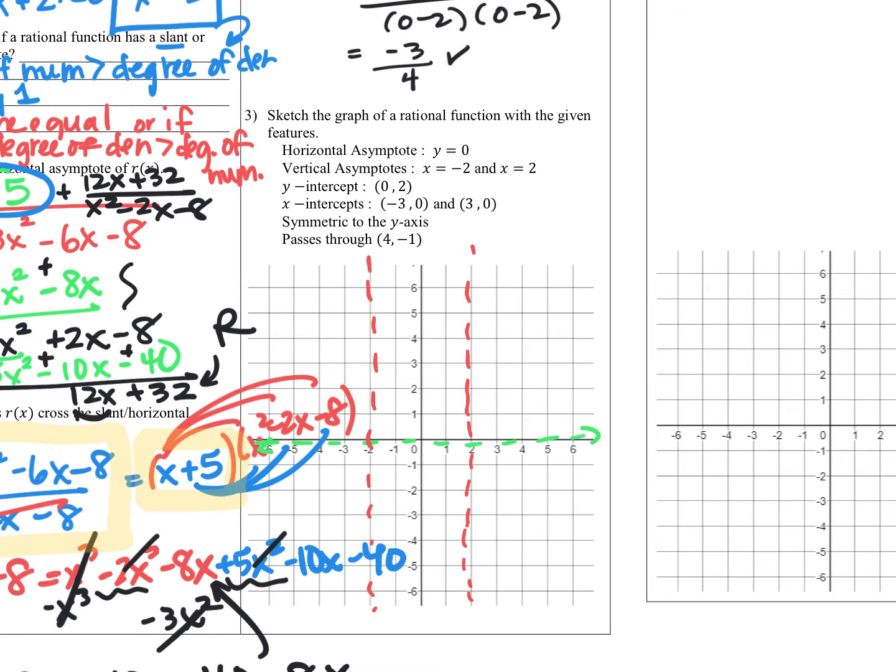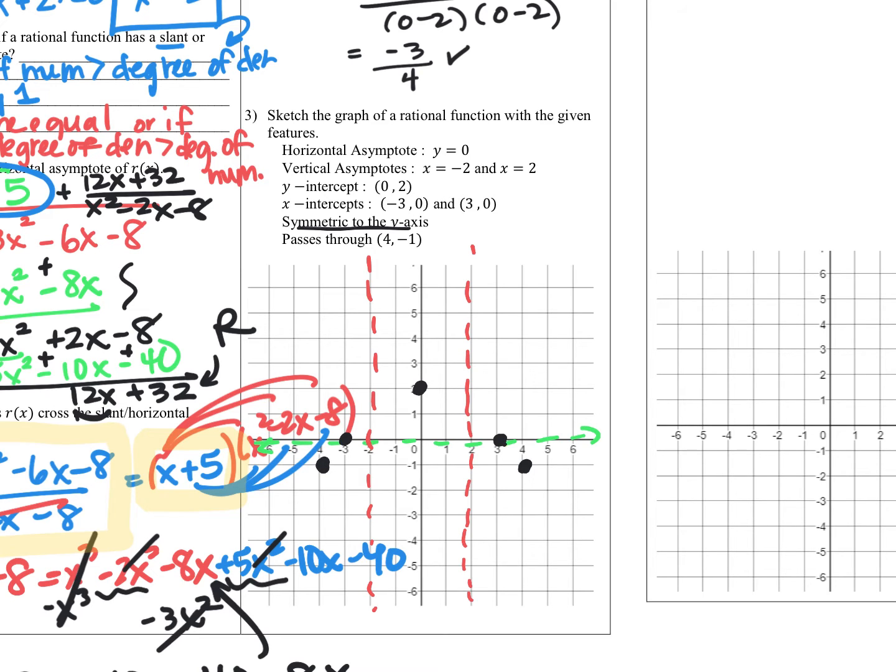Have a little symmetry going on here. 0, 2 is a y-intercept. Negative 3, 0 and 3, 0 are my x-intercepts, and we're symmetric across the y-axis. It's kind of looking the same on both sides. And we pass through 4, negative 1. So 4, negative 1 is going to be down here, which means that we pass through negative 4, negative 1.